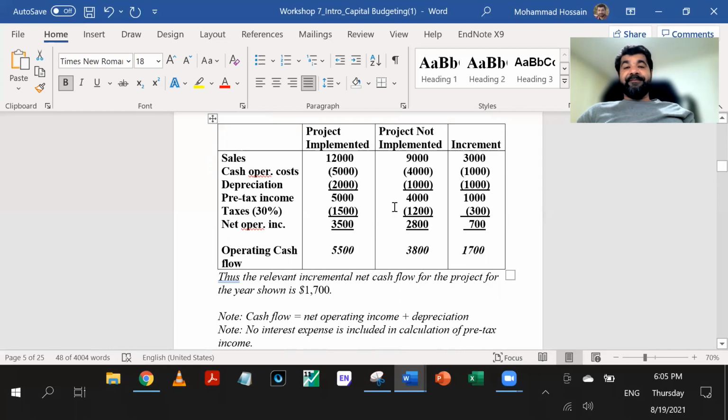And here, tax is 30%: 1,500 and 1,200. Net operating income is 3,500. This is an example showing you the project implemented and the project not implemented.